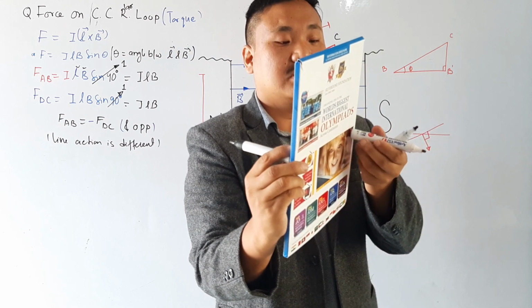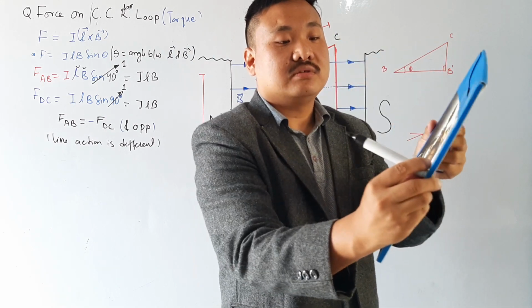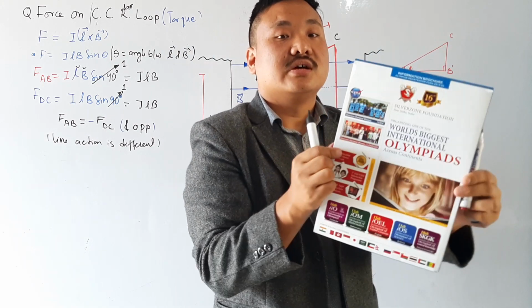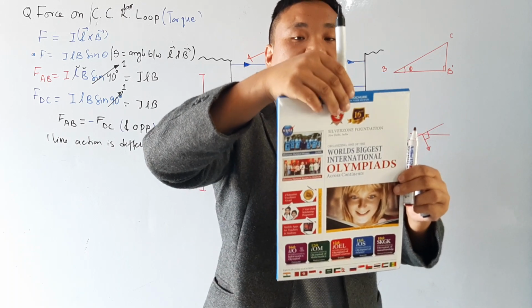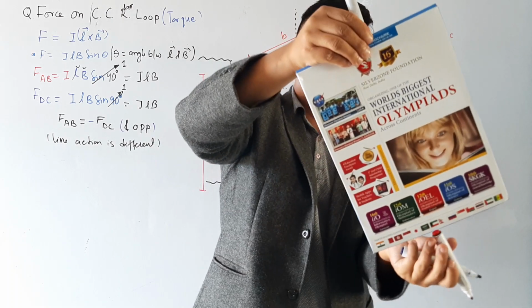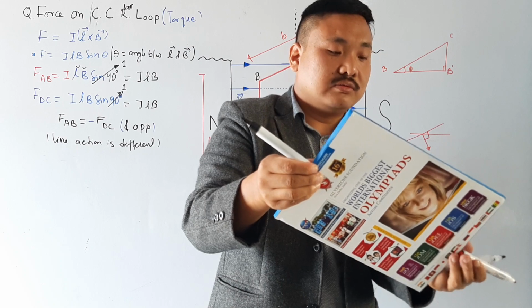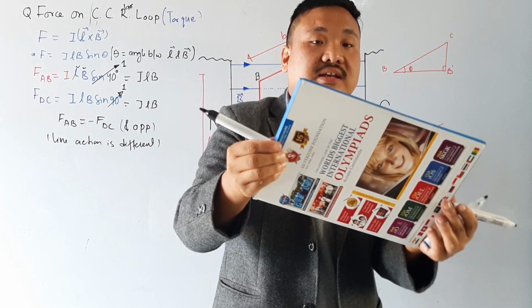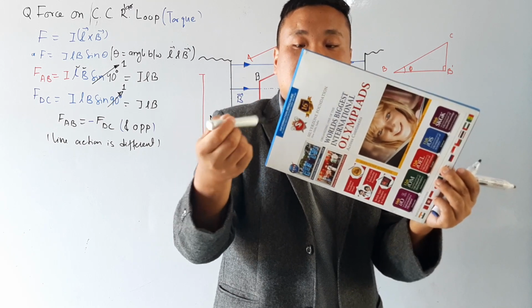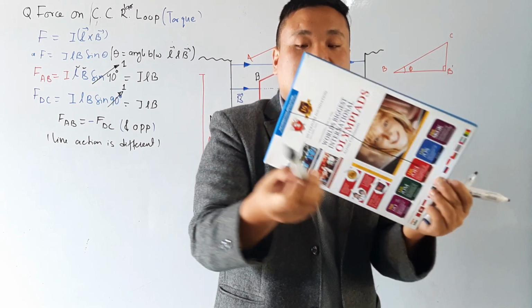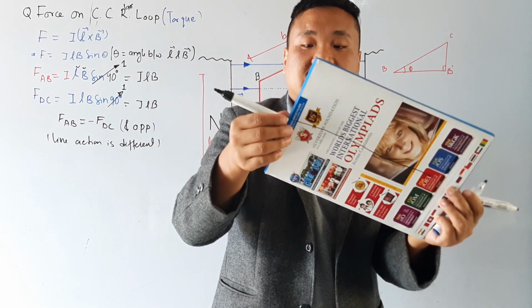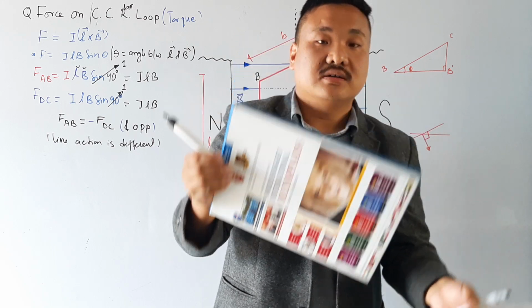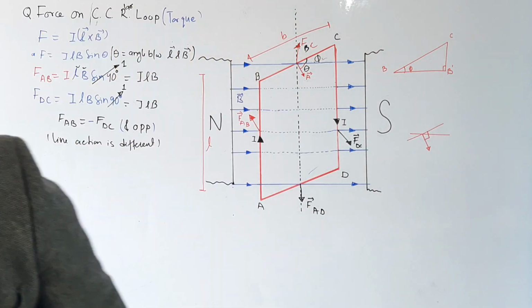What will happen? This will pull that way and this will pull this way. Okay, so this will rotate. But here, this and this. So what happens? There will be no force because it is going that way and it is going that way, and the line of action is same because the line of action is this one. In this line it is going that way, in this line it is also going that way. Okay, so it will cancel.